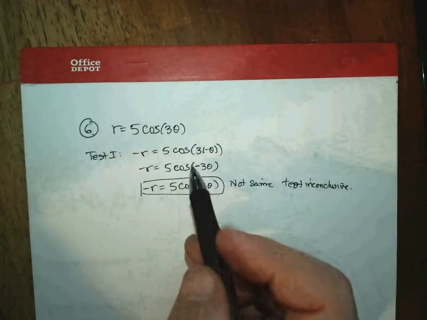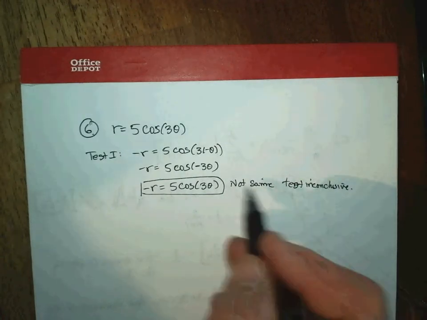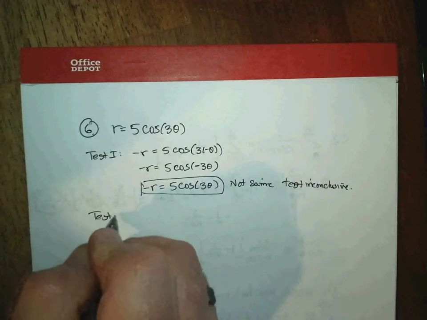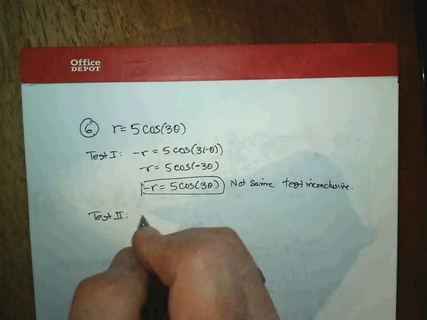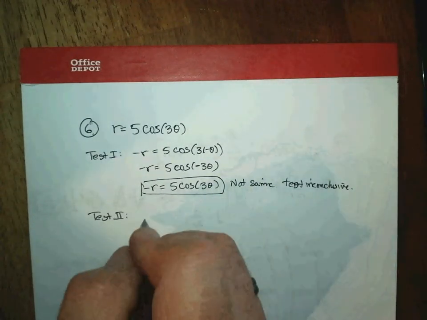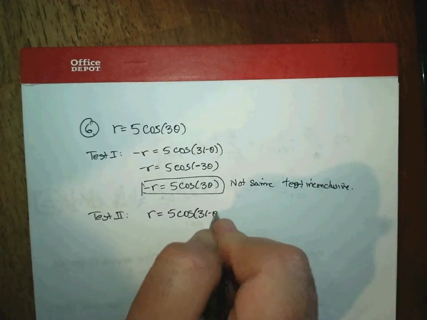I don't know if I have this type of test 1 symmetry, the symmetry about theta equals pi over 2 or not, based on this test result failing. Okay. Test 2. In test 2, where we're testing for symmetry about the polar axis, we're replacing theta with negative theta. So the only replacement that's done is right here.